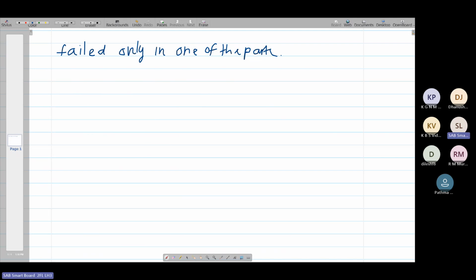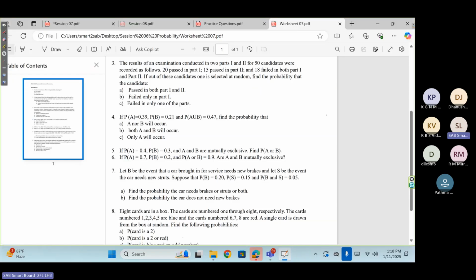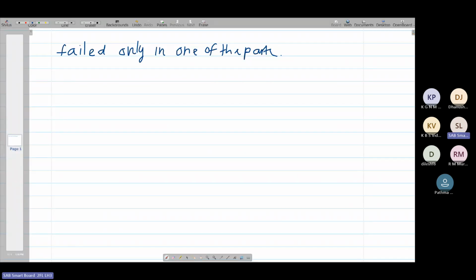It means passed only in part 1, or passed only in part 2. Sorry, failed. Failed in only one of the parts. Failing only part 1 means these candidates passed part 2 only. Then failing part 2 means these candidates passed only part 1.